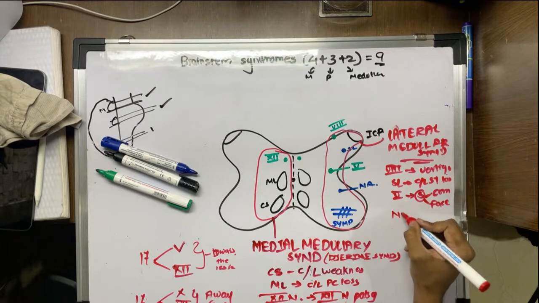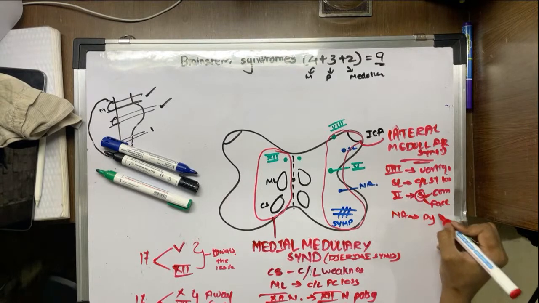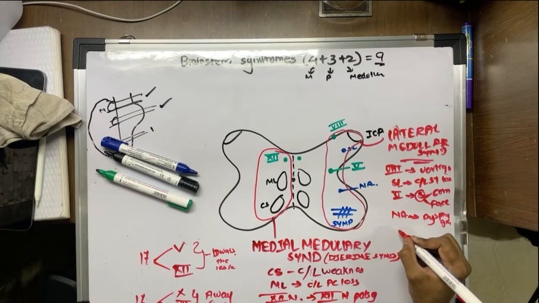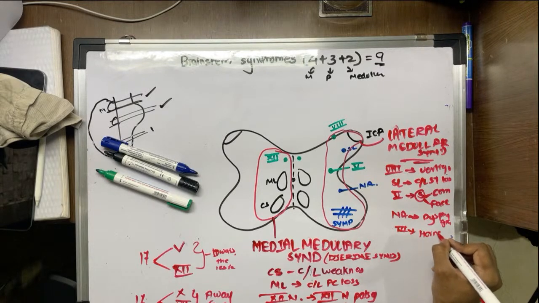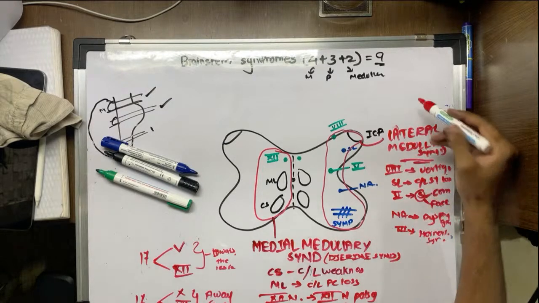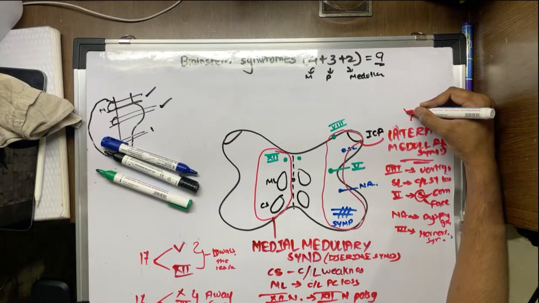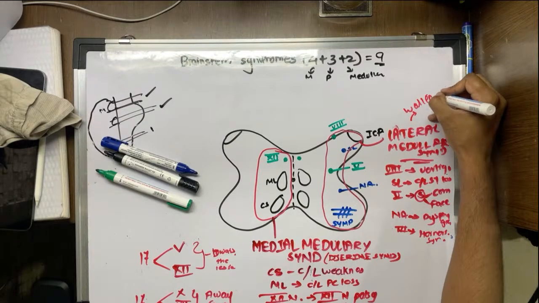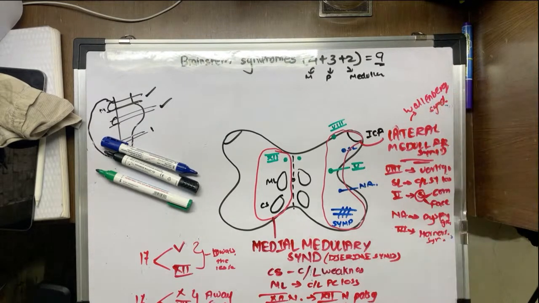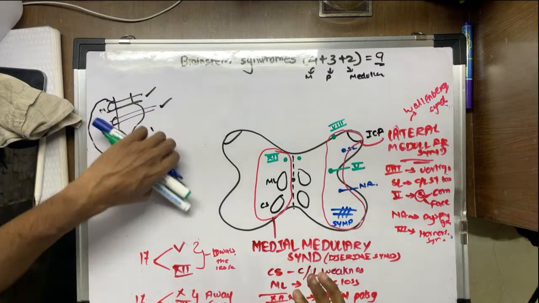Next is nucleus ambiguus, which will lead to dysphagia, and then we have the sympathetic trunk. Sympathetic trunk loss will obviously lead to Horner's syndrome. This lateral medullary syndrome is also called Wallenberg syndrome. So these were all the syndromes.